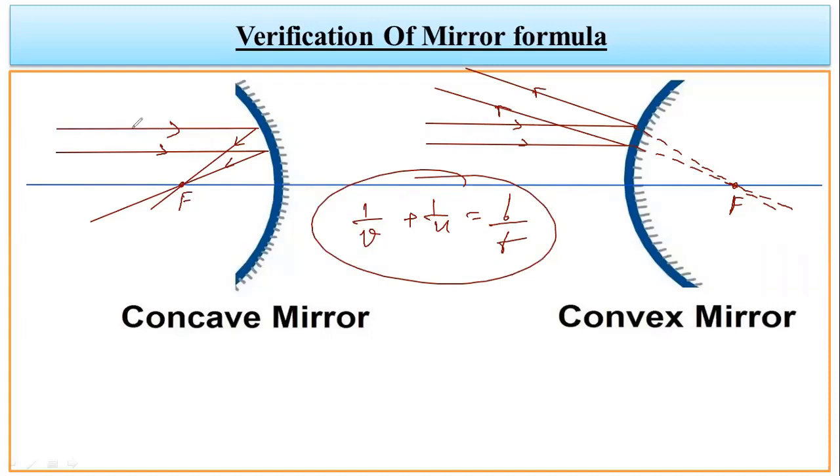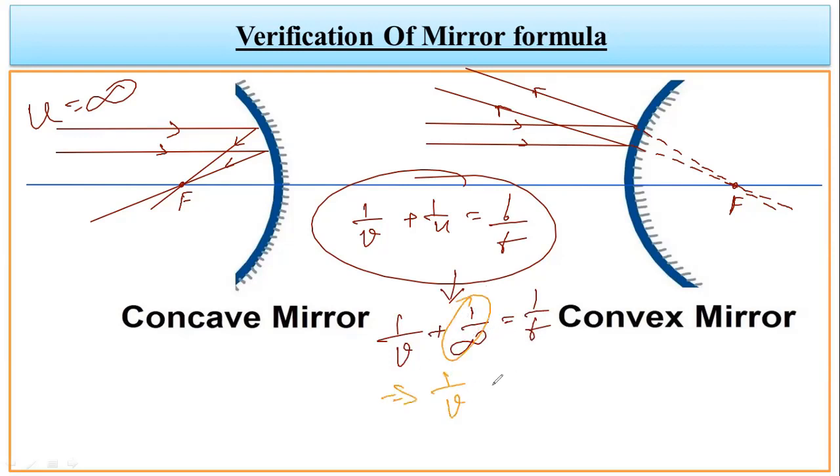See, for both conditions, u is at infinity. We don't know its exact position. So in this formula, 1 by v plus 1 by infinity is equal to 1 by f. For this particular equation, 1 by infinity has no value. So it will be 1 by v is equal to 1 by f.